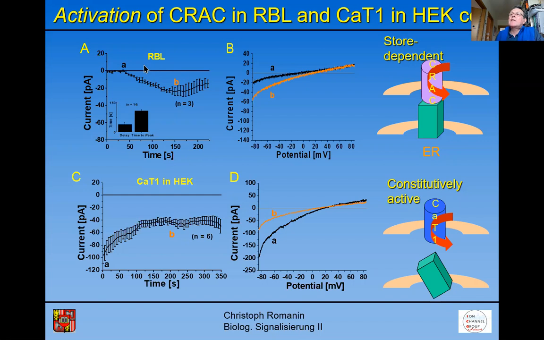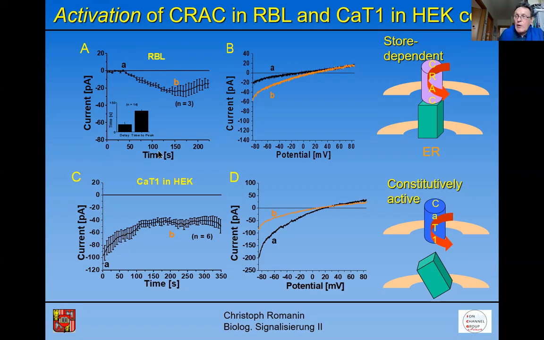And these are rat basophilic leukemia cells. Remember, basophils are also among those cells that can take part in allergic reactions, because they also contain these granules ready for release, the allergic mediators.